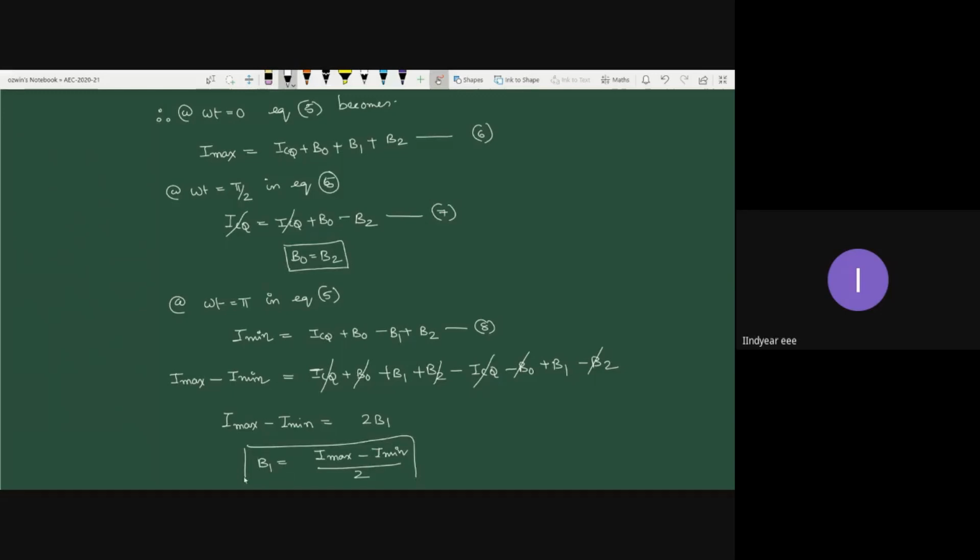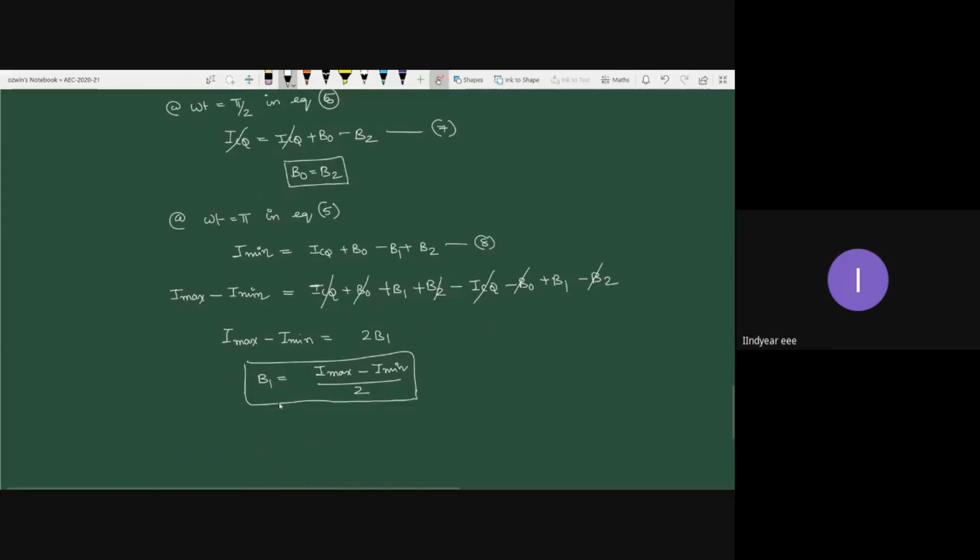Okay, you're getting the point, right? What is B naught? B naught is the DC value, which is equal to the amplitude of the second order harmonic component, and B1 is the fundamental component. B2 can also be found using an alternate way.